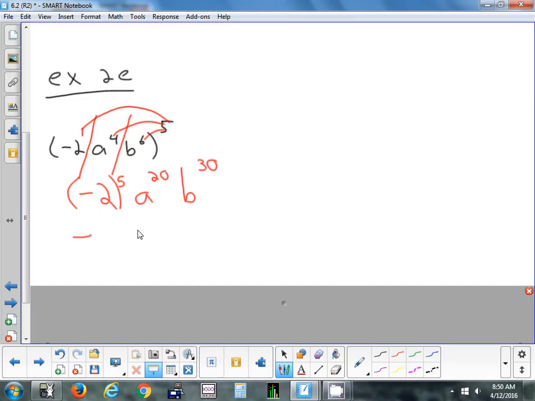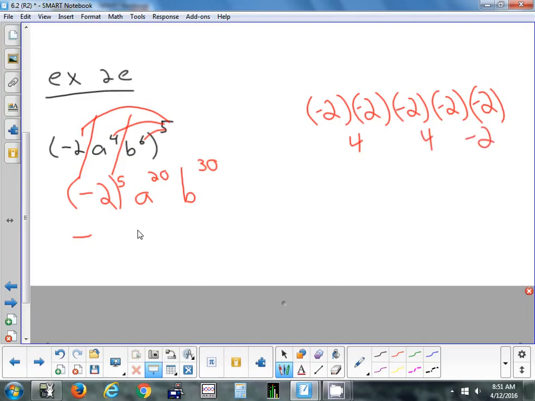Let's see. This means -2 multiplied together that many times: 2, 3, 4, 5. So I'm going to get 4. We're going to get 4. We're going to get -2. 4 times 4, guys, 16 times a -2 is going to be -32.